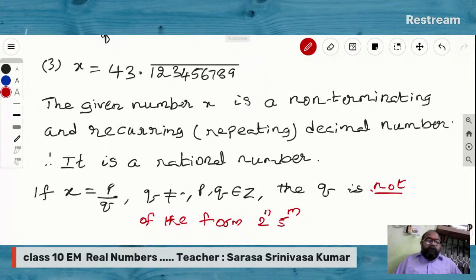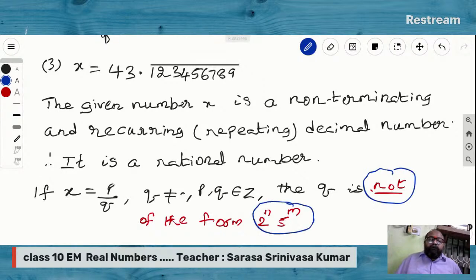So when the denominator is not in the form of 2 power n 5 power m, then only we get non-terminating recurring decimals.